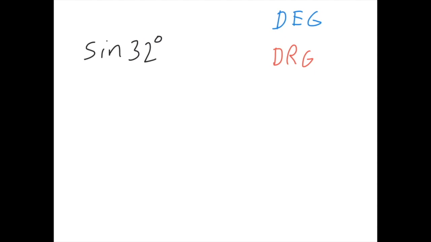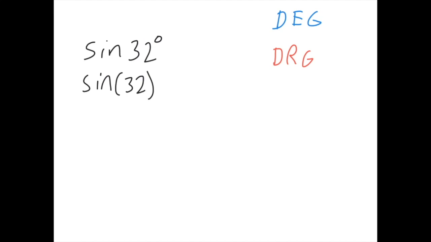So, now go into your calculator and type in sine of 32 degrees. So you press the SIN button and then press 32, and it should come up with something that looks like this, where it'll say sine parentheses, and then you put in 32, and then you want to close the parentheses.